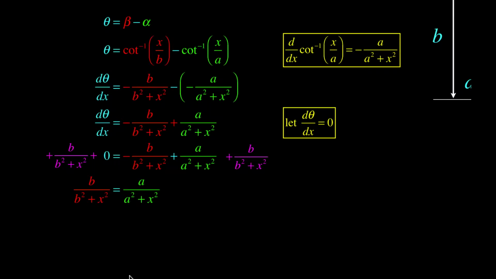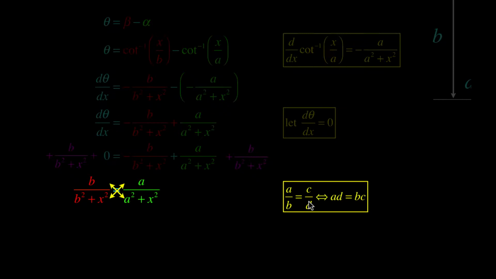The next little bit of algebra just involves a process that people sometimes call cross multiplication. It's really just a statement that if you have a over b equaling c over d, a times d, this product, is equal to b times c, this product.